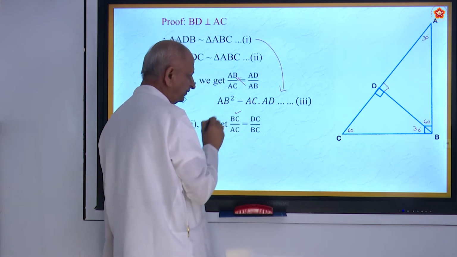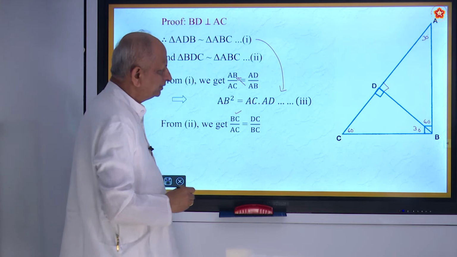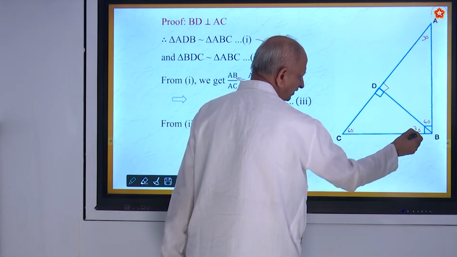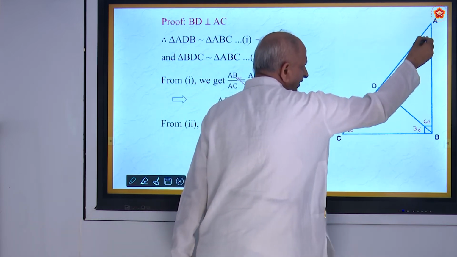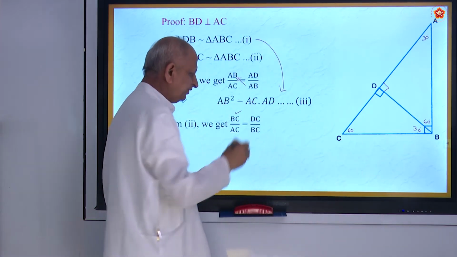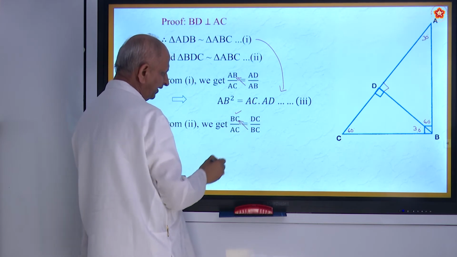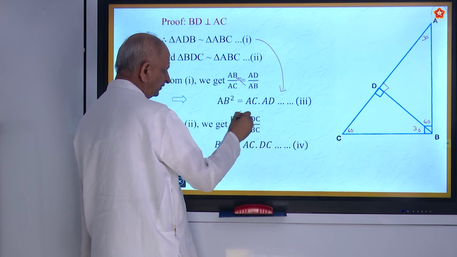So BC by AC is equal to side opposite in the smallest triangle. Say this 30, opposite to that is DC. In this also smallest triangle angle is 30, opposite to that BC. So DC by BC. Cross multiply, you get BC square is equal to AC into DC.